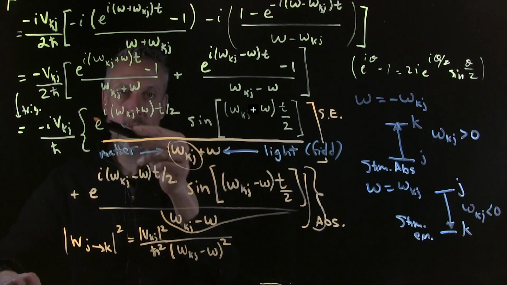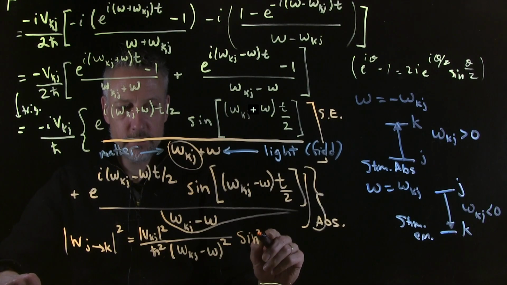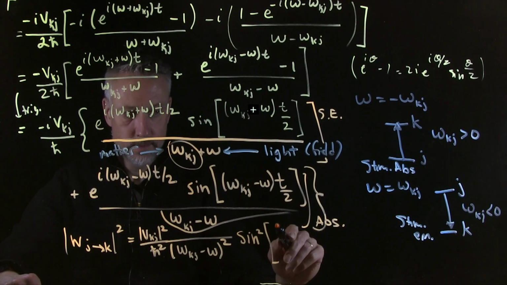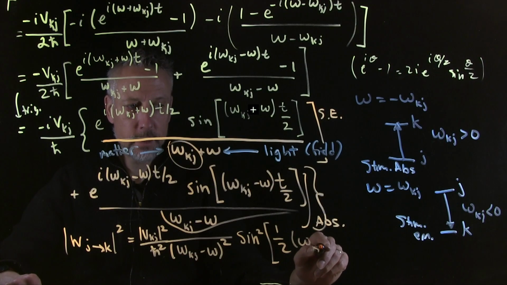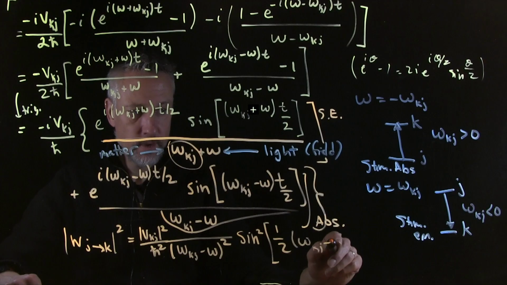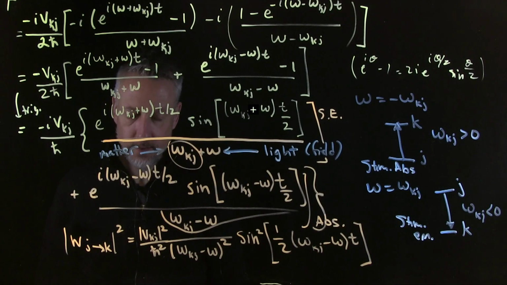When we do the mod squared, this phase part will go away, and we'll be left with sine squared of one half, for this half here, omega kj minus omega times t. All right, so if you compare this to the case where we had a constant perturbation, it should look very similar, right?